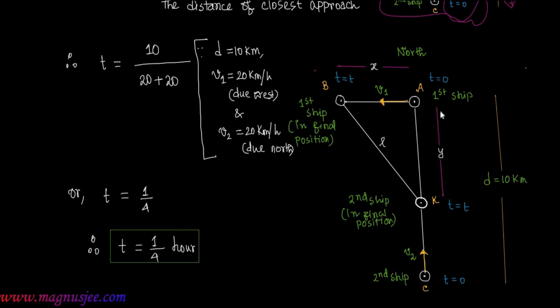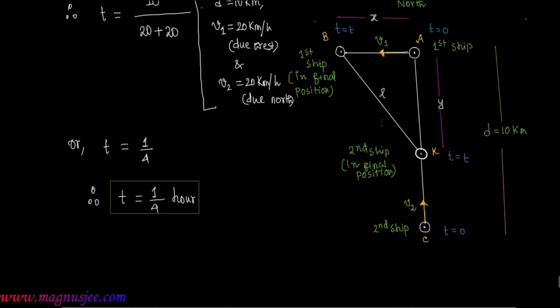This is the time at which two ships come at the distance of closest approach. That is, the two ships will be at the points A, B and K respectively at the instant t equal to 1 by 4 hour.